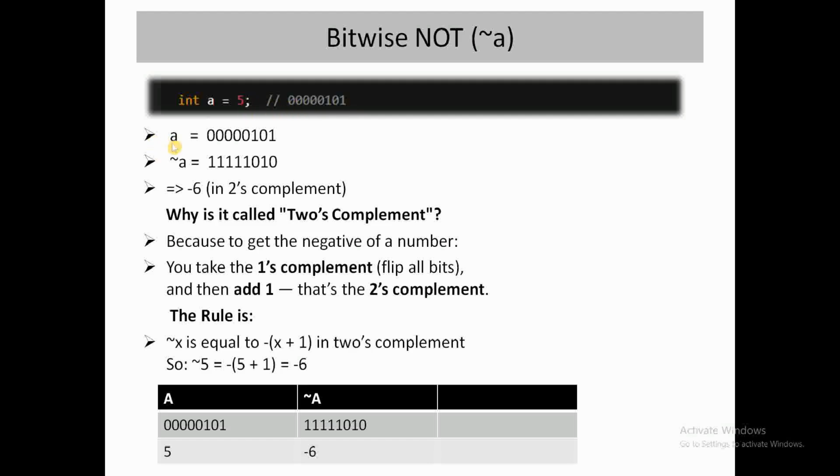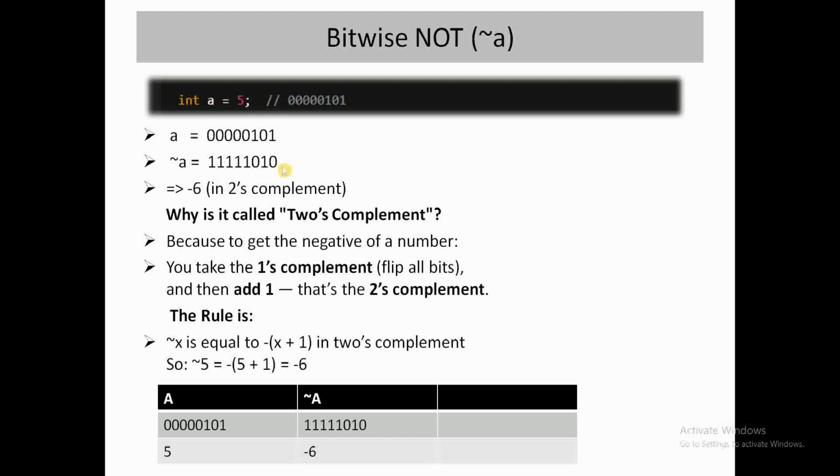And here is the thing: we have a value in binary form, and then we have to apply bitwise NOT. If we use bitwise NOT, we just reverse the format. If we have true, we reverse that to false, and if we have a false value, we convert it to true.